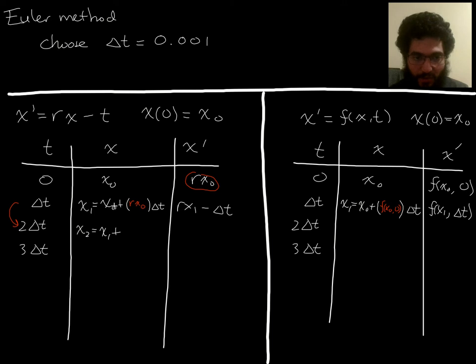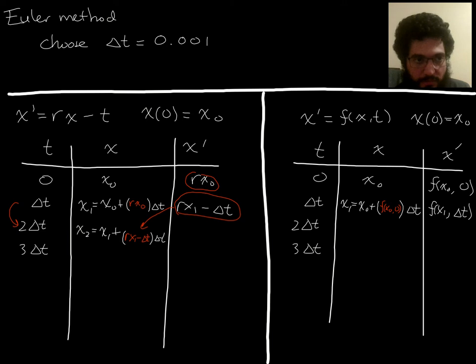But since I just called this previous step x1, I can just write x1 here, and then something times delta t, where the something is the instantaneous rate of change that I previously had, which is this one. So I just take this and stick that there. r x1 minus delta t.